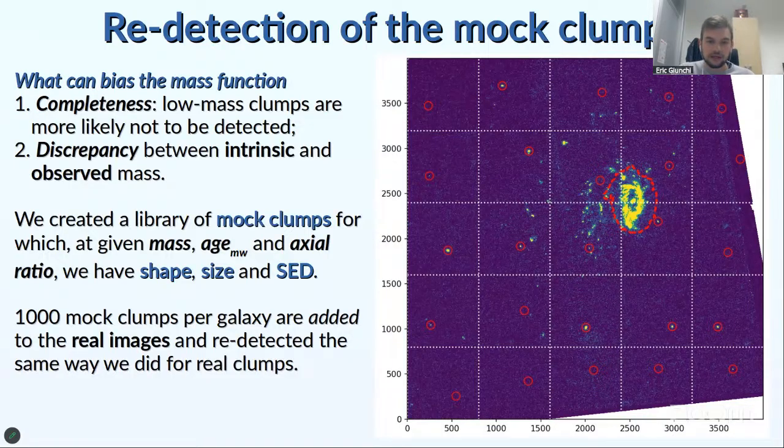We threw 1,000 mock clumps per galaxy using this grid, on multiple images, and we can perform the same procedure that was used for real clumps to detect them. And so some clumps will not be detected, and we will check what masses we are losing, while for the clumps that are detected, we can compare the intrinsic values that we assigned a priori with the result of the observations and of the analysis.